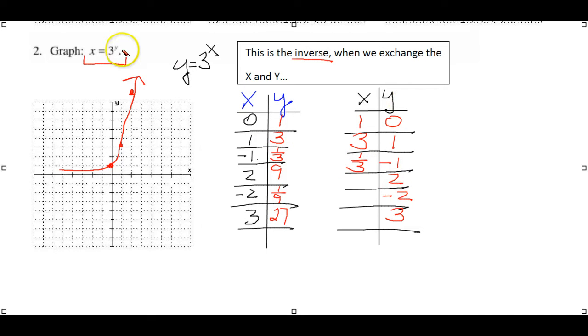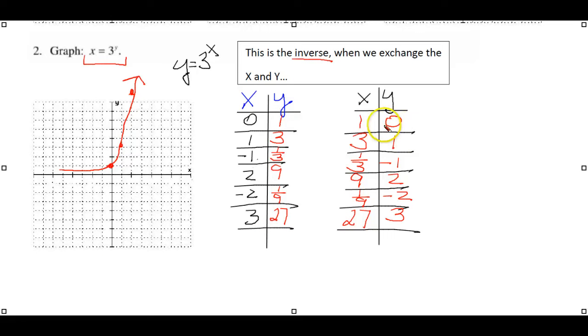If y is 2, this becomes a 9, and to a negative 2, it's reciprocal, 1/9. And if y is 3, this becomes 27.